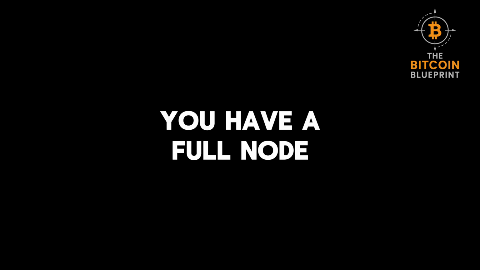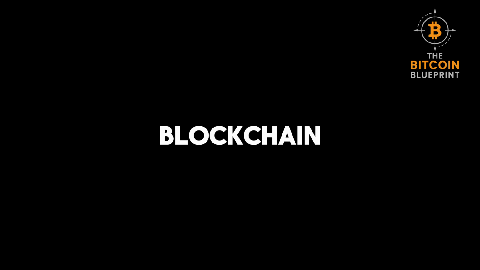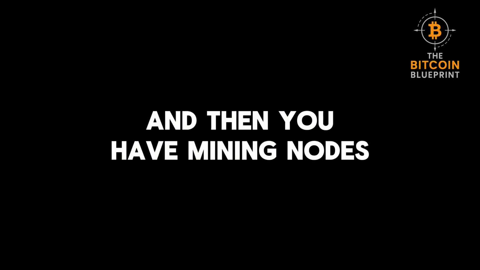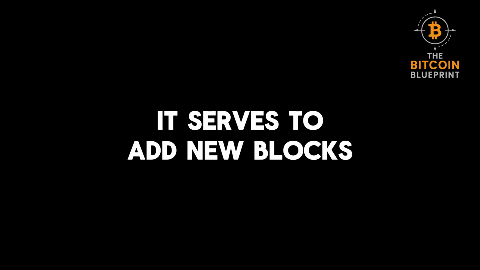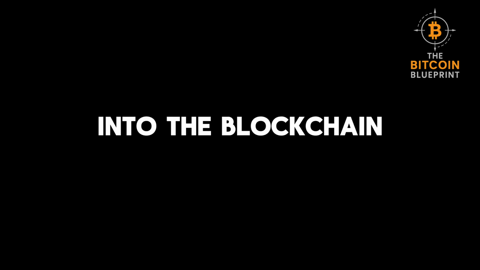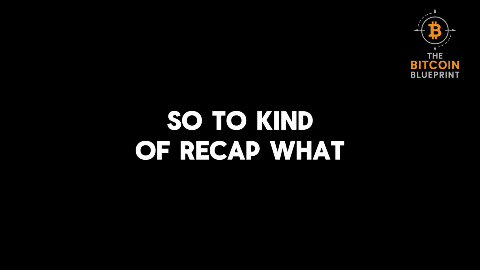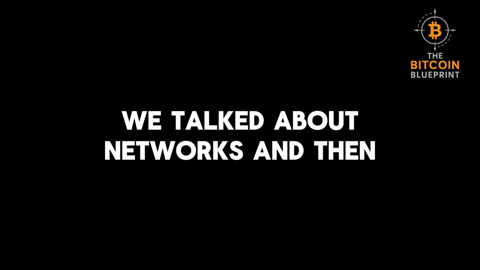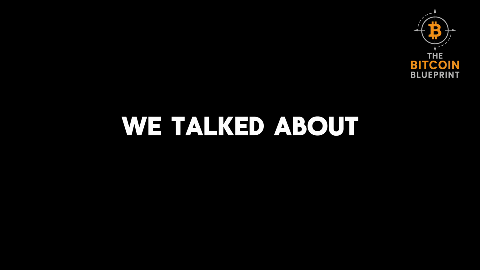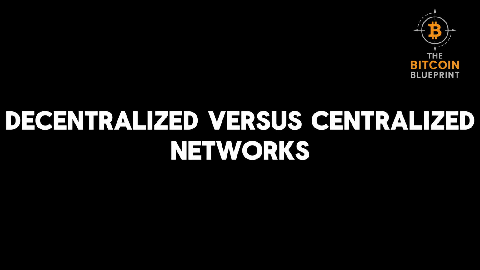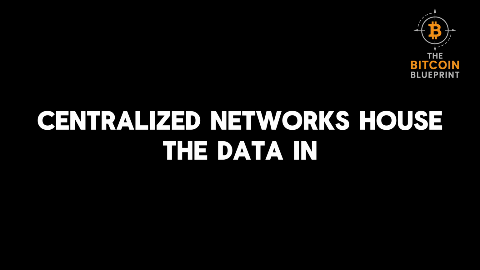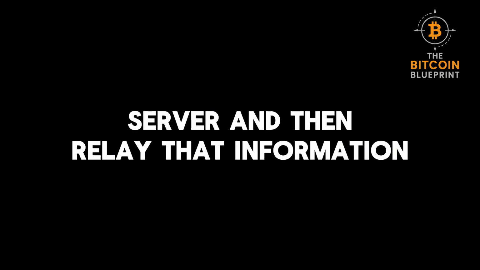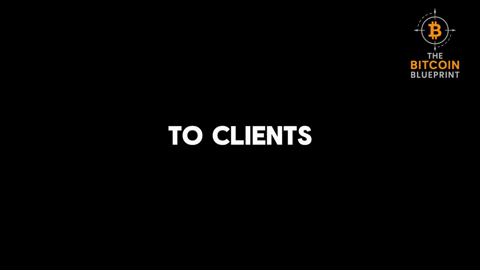You have a full node, which maintains a copy of the blockchain. And then you have mining nodes, which also do this, but in addition serve to add new blocks into the blockchain. So to recap what we discussed so far, we talked about networks, and then decentralized versus centralized networks, where centralized networks house the data in a centralized server and then relay that information to clients.